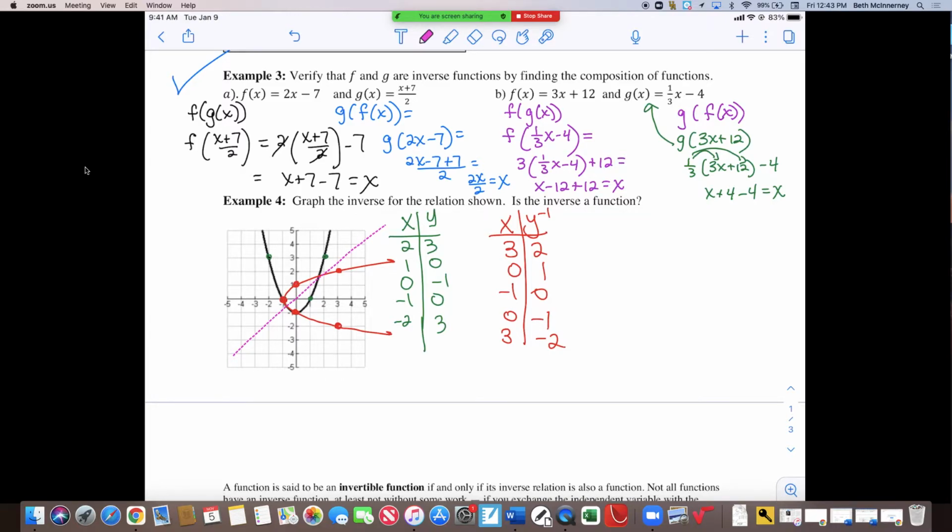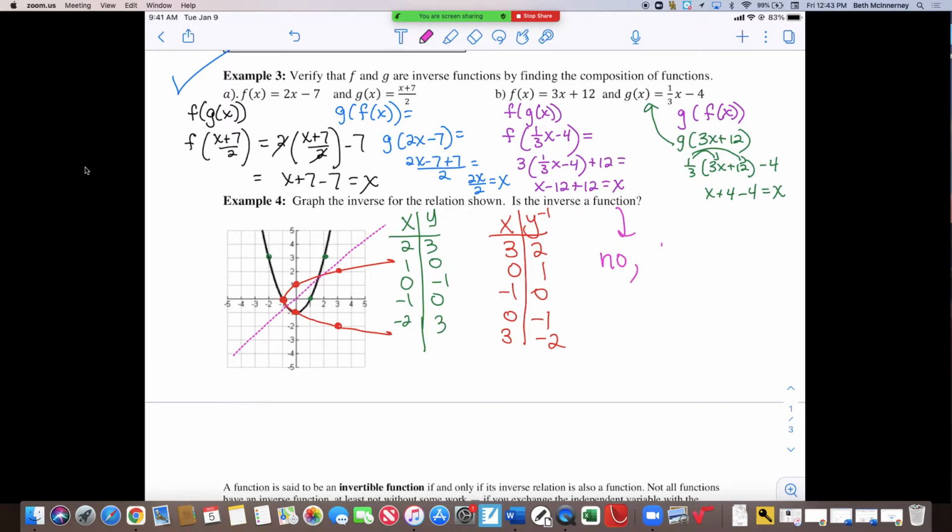I could also draw the vertical line through the inverse graph. It would fail the vertical line test. Or my third method is, I could take the original that's in black, and if I did the horizontal line test on the original, it fails. So the inverse is not a function, and you have 3 options.